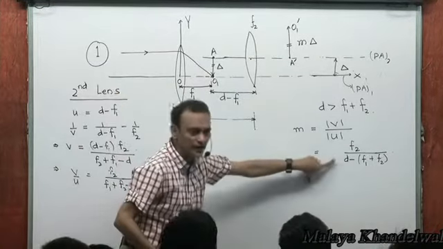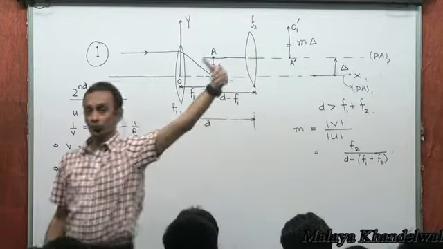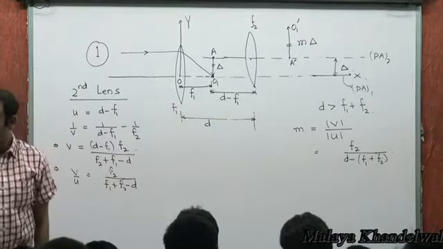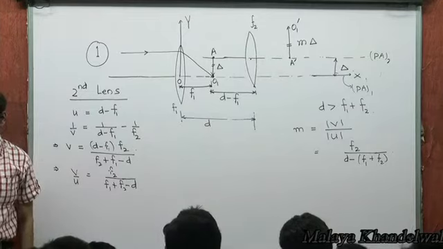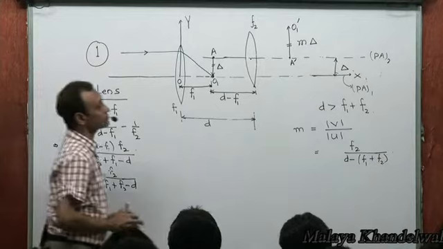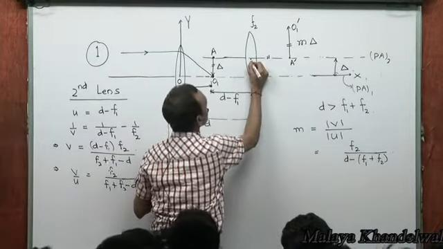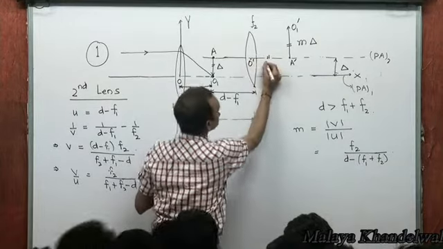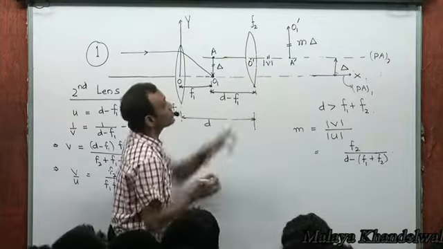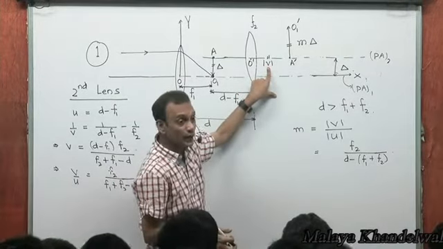M has been obtained, so I know the size, yes or no? Confused? No. Okay. So we are all set. This distance, say O prime, this distance would be mod V, yes or no? Because V is negative, this image distance would be mod V.